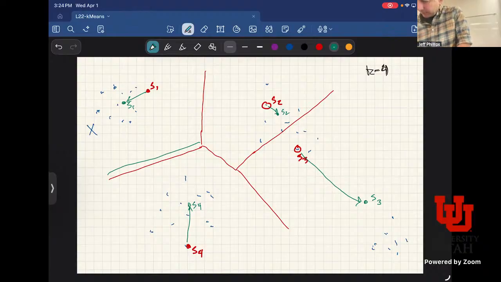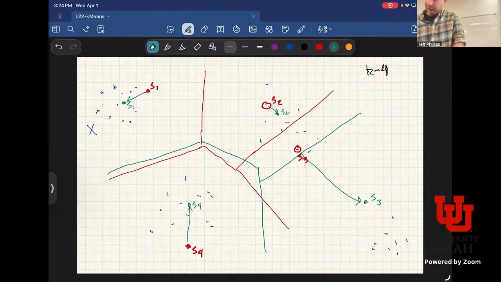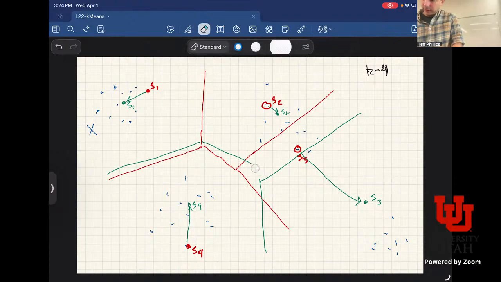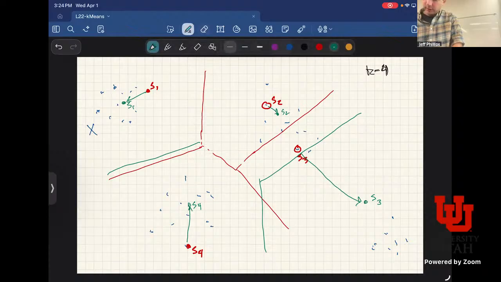These are shifting a bit here. What's interesting is, let's say that the Voronoi diagram between S2 and S3 looks like this. They should have this nice structure of intersection.